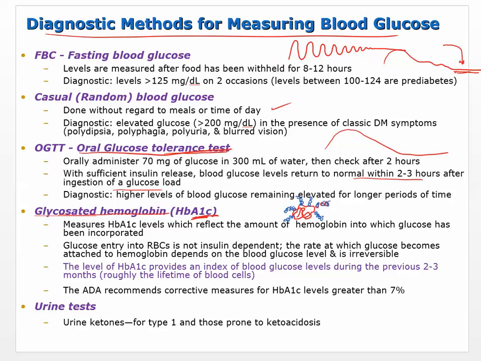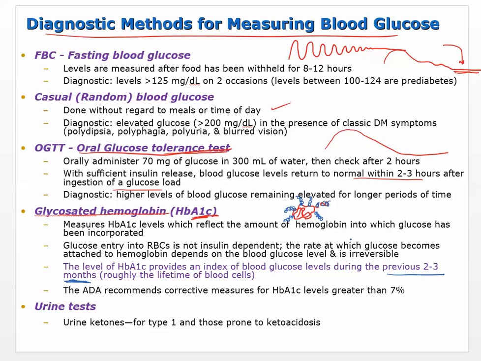So blood cells last about 4 months, so you have this average amount of glucose overall. So you can tell over the previous 2 to 3 months, an average of how much glucose your hemoglobin has been exposed to over that time.